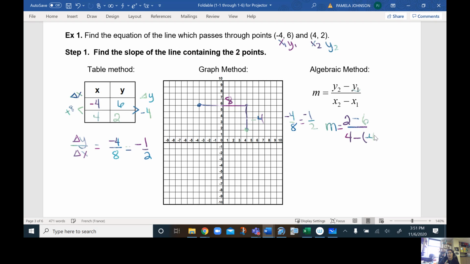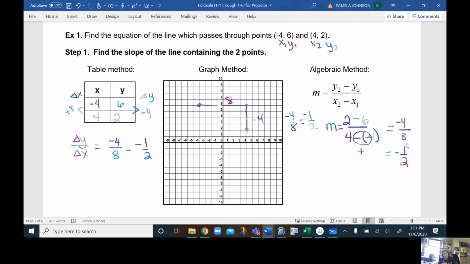So this minus is part of the formula. This negative is part of the point, okay? And remember, minus a negative means that we're actually going to add them together. So 2 minus 6 is negative 4. 4 plus 4 is 8. And that simplifies to negative 1/2.